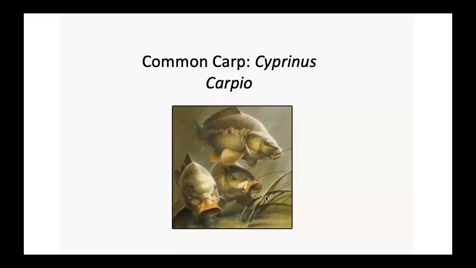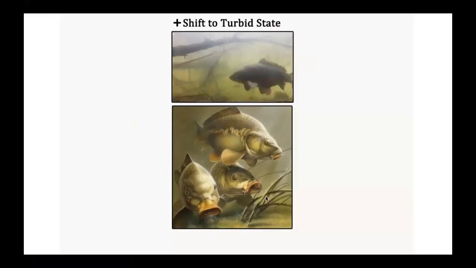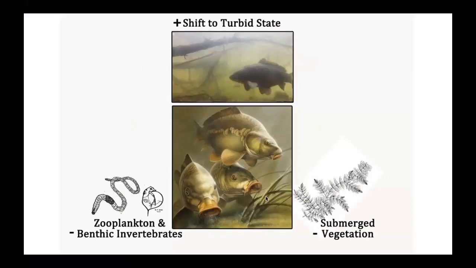The mechanism of this is that it can cause an alternative stable state switch in shallow lakes and shallow rivers. These carp are omnivores. They're really large bodied. They can reach really big populations because of how fecund they are and how fast they grow.